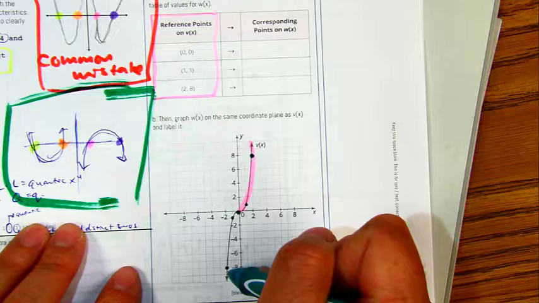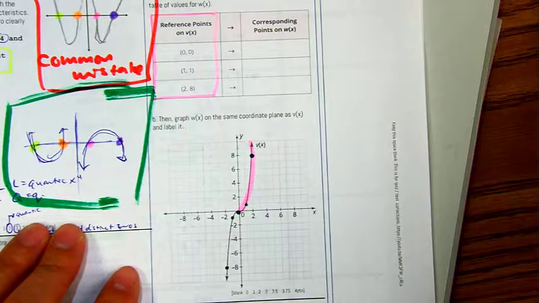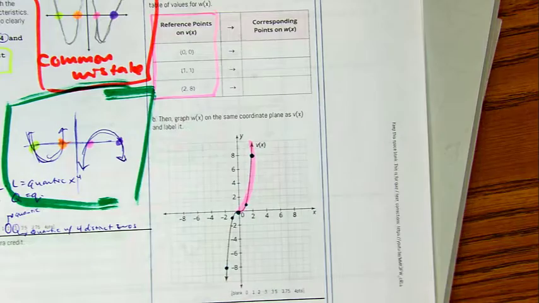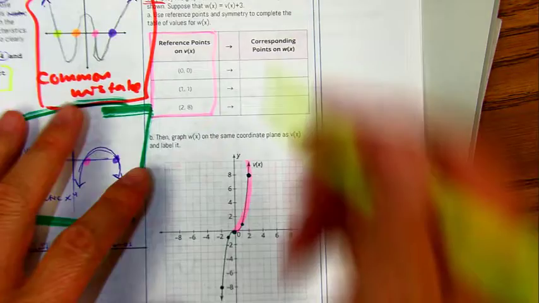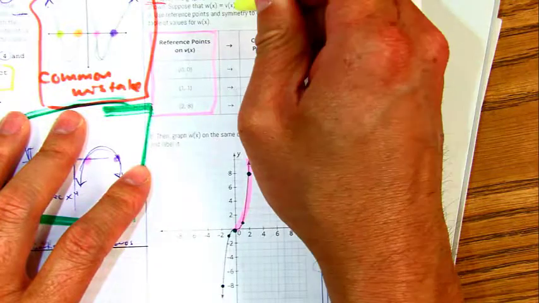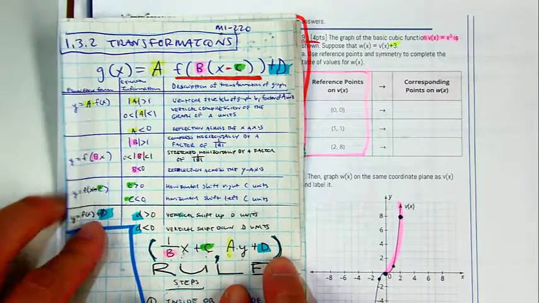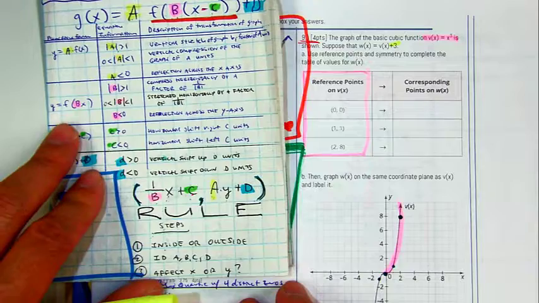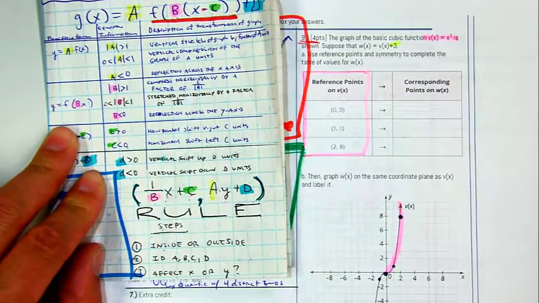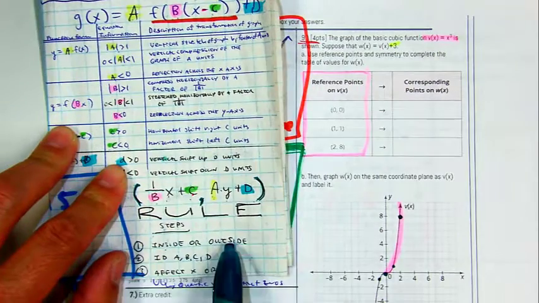Okay? So the next thing we need to identify is, what does this plus 3 do? Well, I'll ask you some questions based on my formula sheet here. Is the 3 there on the inside or outside?